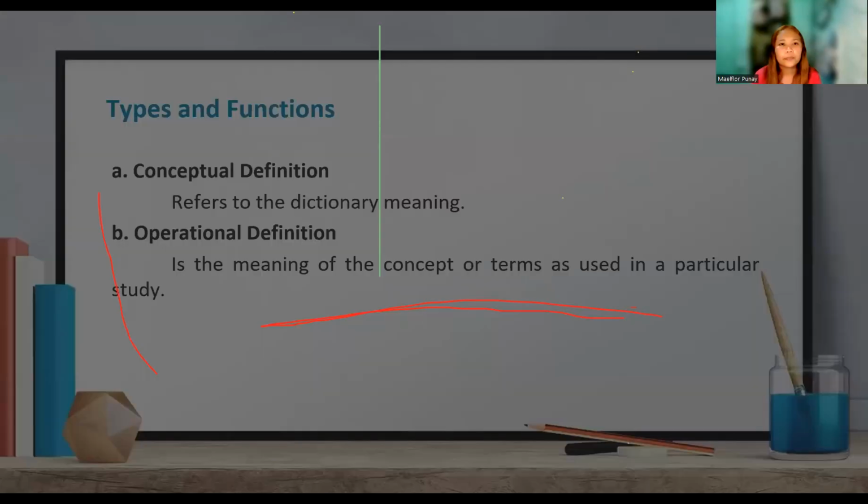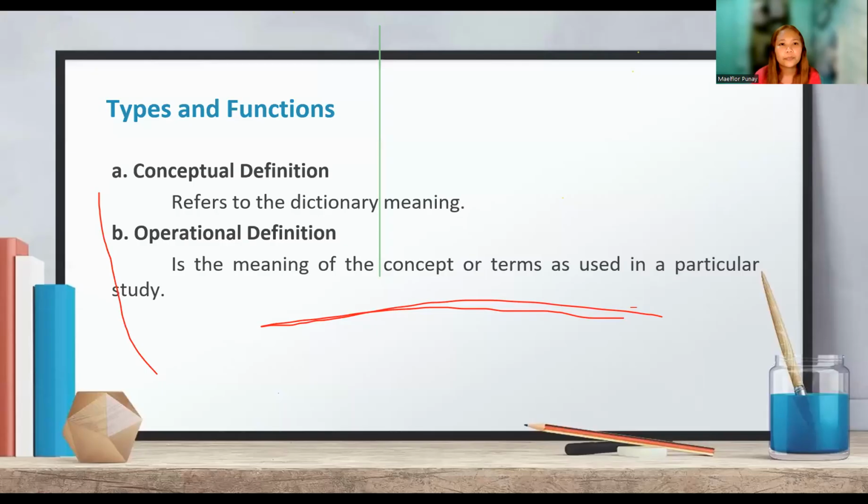Okay, so there are two types and functions of the definition of term. So first is the conceptual definition. So that is the definition according to the dictionary, while the operational definition is the meaning of the concept or terms as used in a particular study.